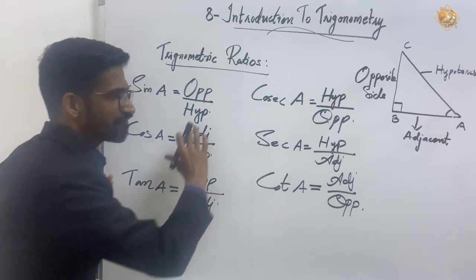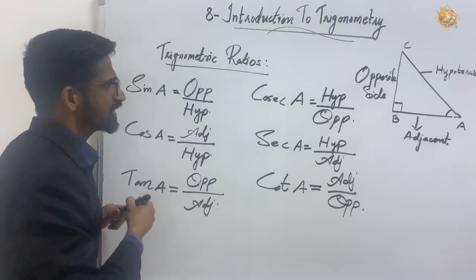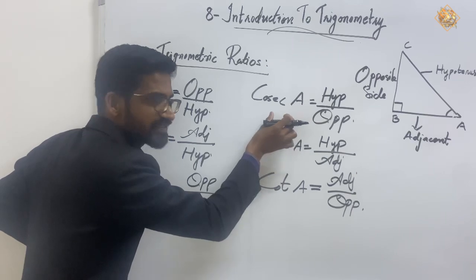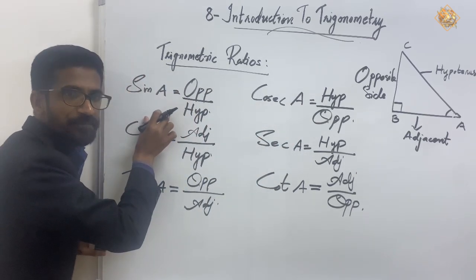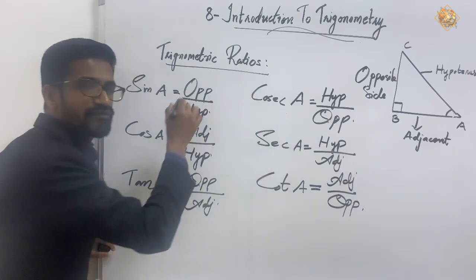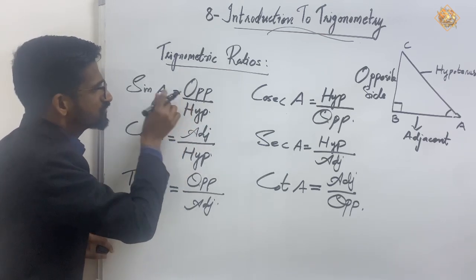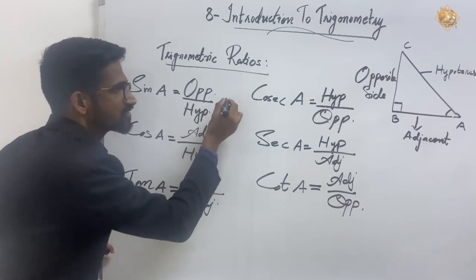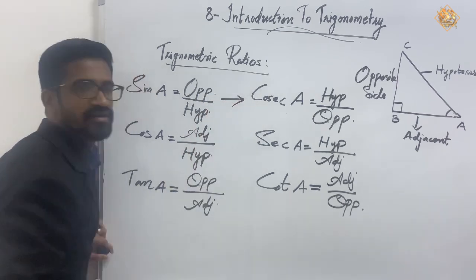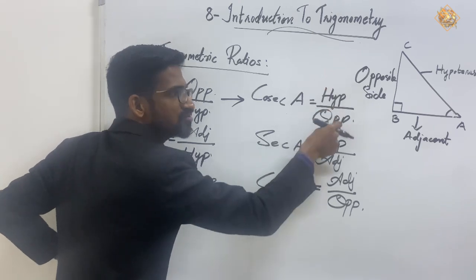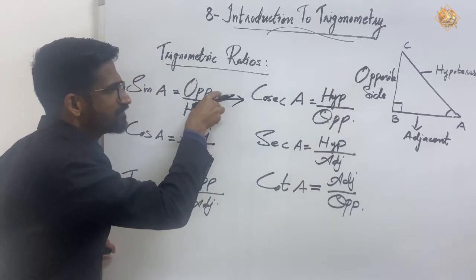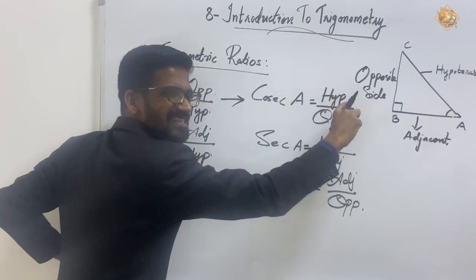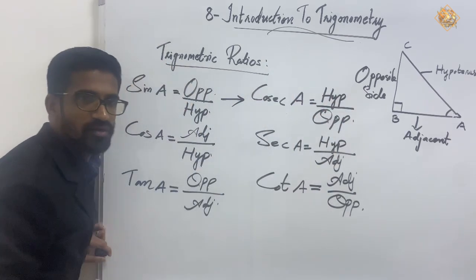Once you learn this, we can also say that cosec A is the inverse of sine A. Why? Because sine is opposite by hypotenuse, and cosec is hypotenuse by opposite, just the inverse of the sine function. Hope it is clear.